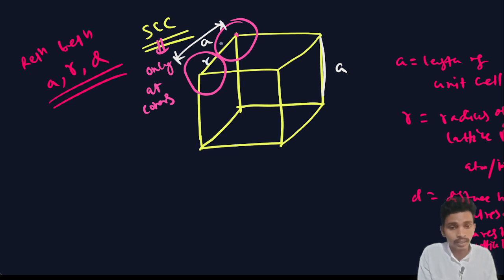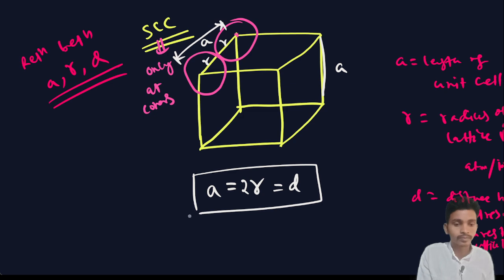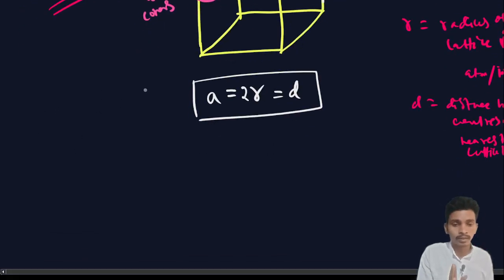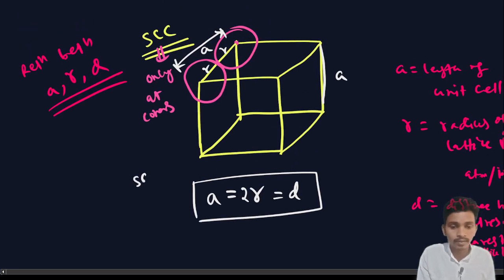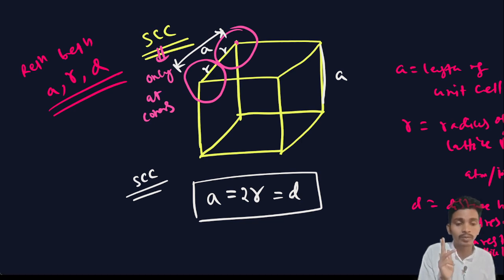So this is R and this is R, so A is equal to 2R. And D, the distance between the centers of the two nearest lattice points, is also the same. So for SCC, the relationship between A, R and D is A equal to 2R equal to D. We have to remember this, or we can easily calculate it.